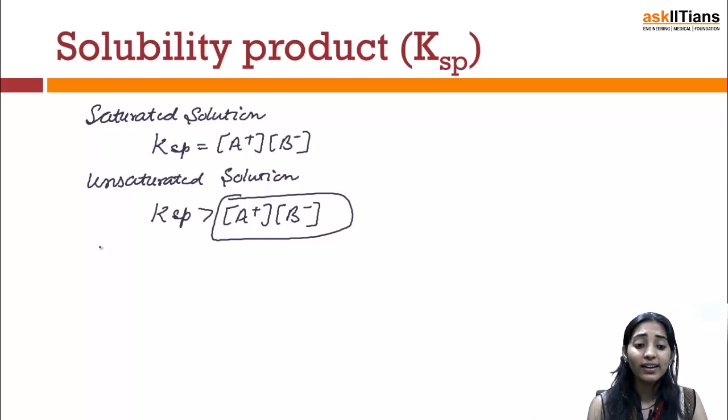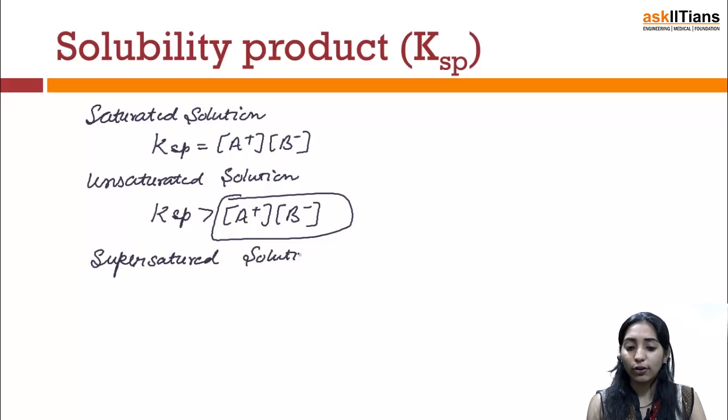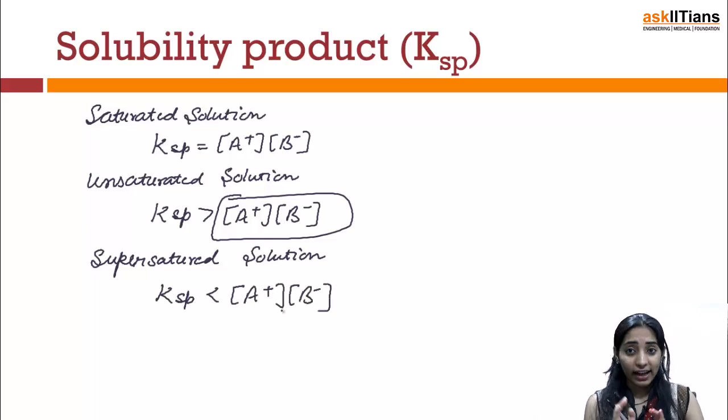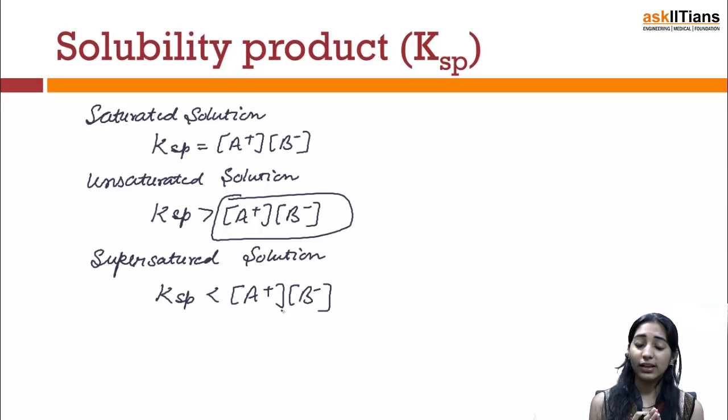Now if a solution is supersaturated, as the name suggests, the Ksp value will be less than the concentration of A positive multiplied by B minus. That means the ionic product of the two ions available in the solvent is greater than the Ksp for the solution.